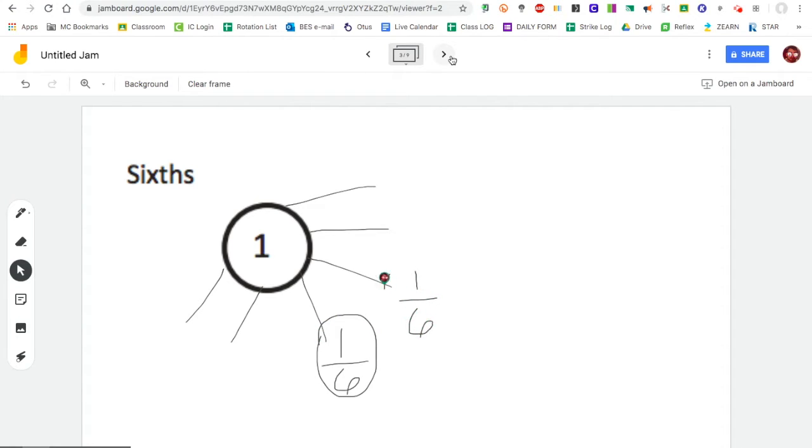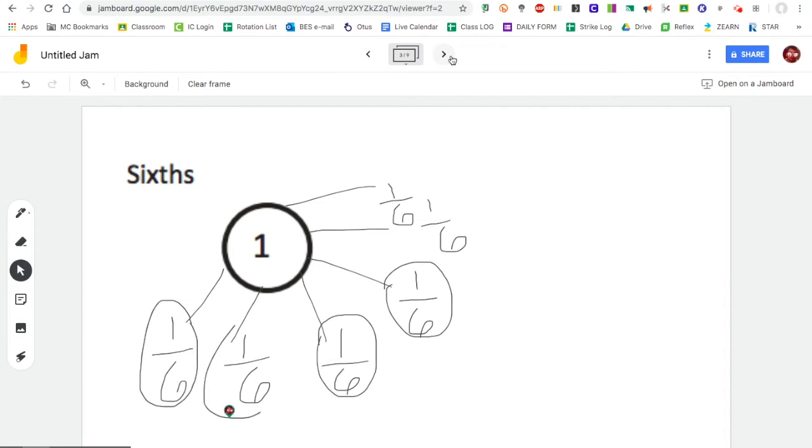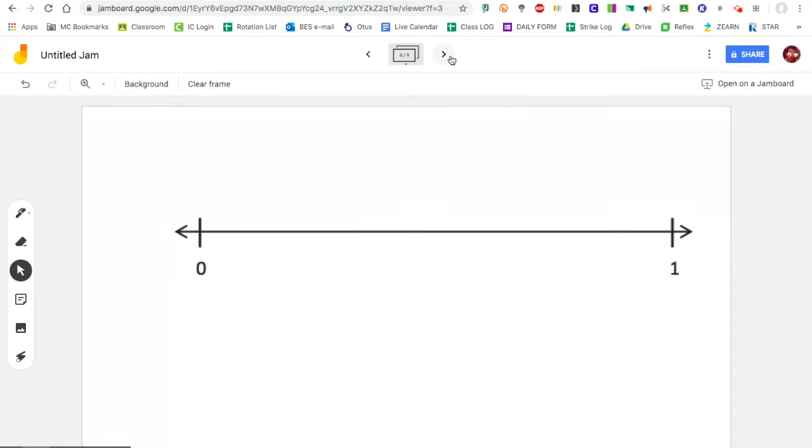So 1/6 plus 1/6 plus 1/6 plus 1/6 plus 1/6 plus 1/6 would equal 1 whole. So now all we have to do is put that on a number line.